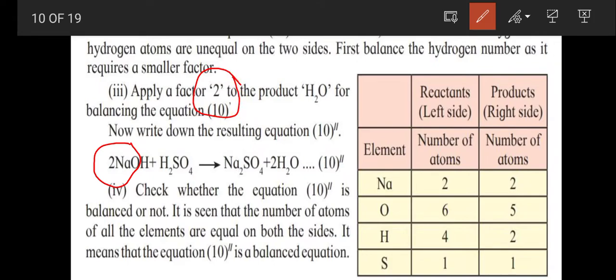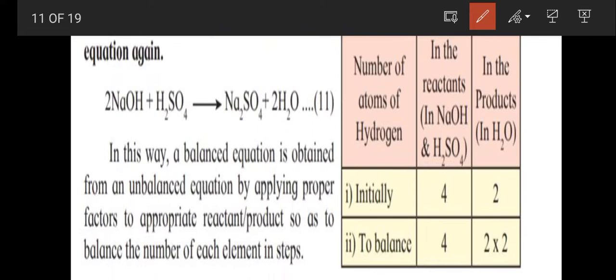That means now here 2 sodium atoms, here also 2 sodium atoms. But at that time oxygen atoms are also increasing and hydrogen atoms are also increasing. That's why here you have to take the 2 for the H2O. That means when you attach 2 to the reactant side, on the product side there is automatically an increase of hydrogen atoms. That's why for balancing the reaction you have to take 2 on the product side also. In this way you will balance it.